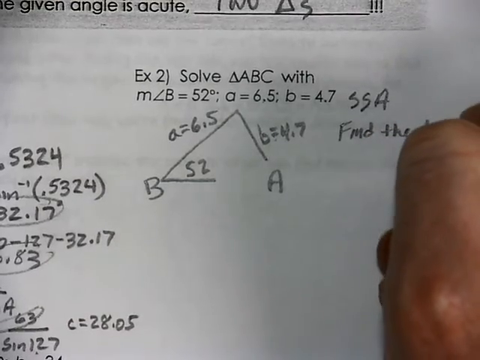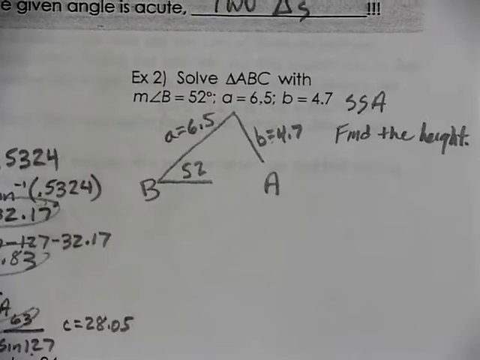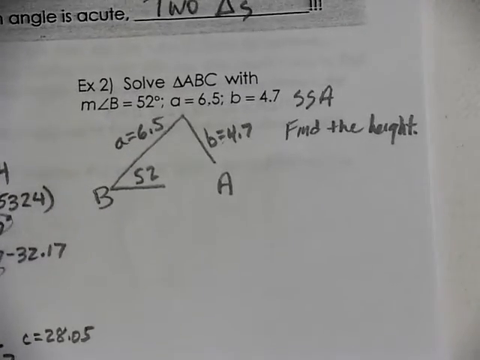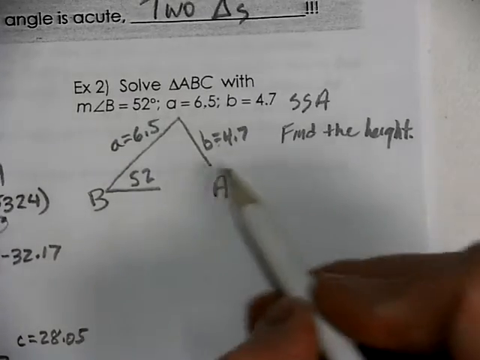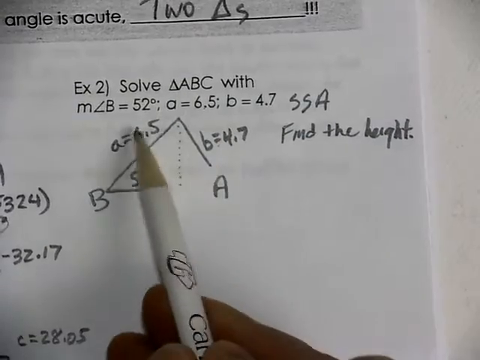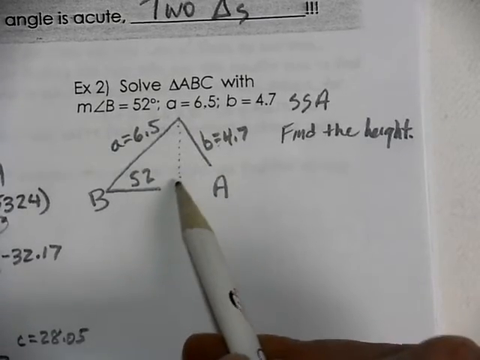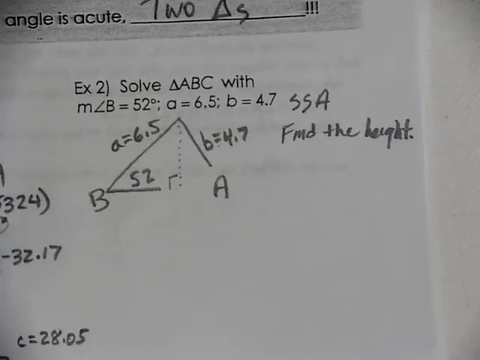Find the height. So we're going to calculate the height. And the height is going to come right down your triangle. If you put your information in this pattern, the height is straight up and down as we would expect.